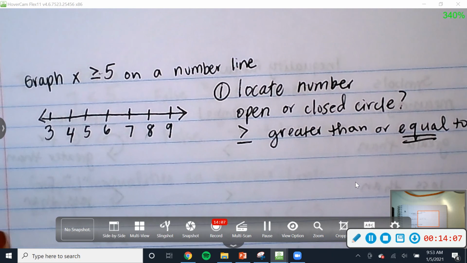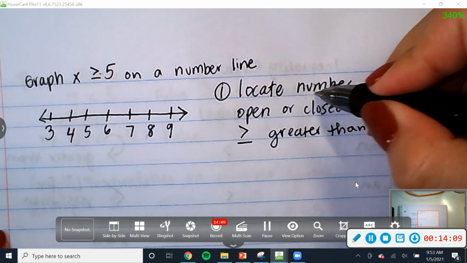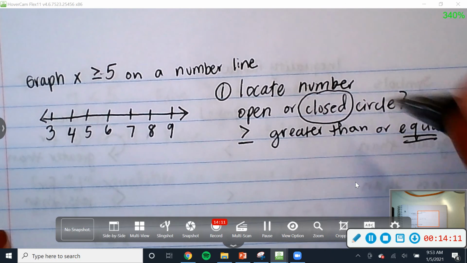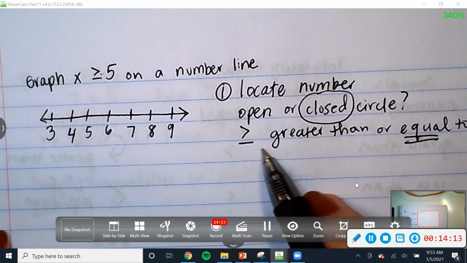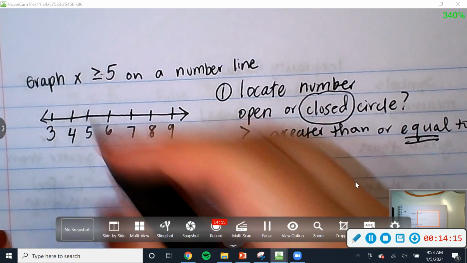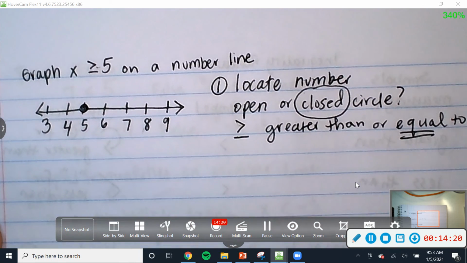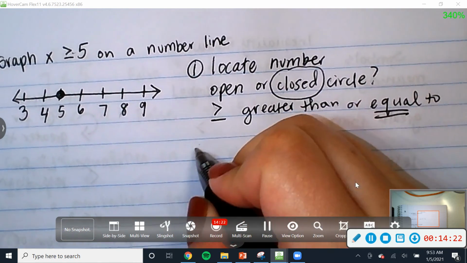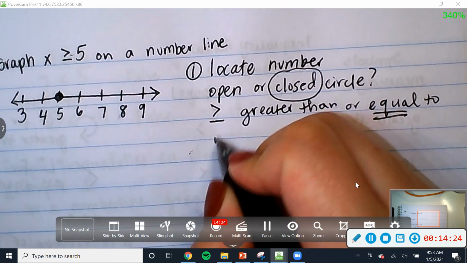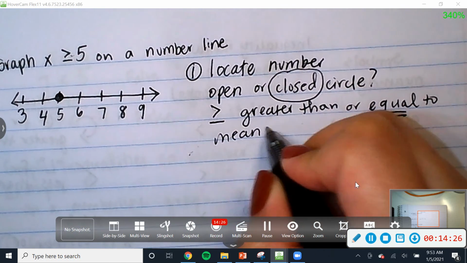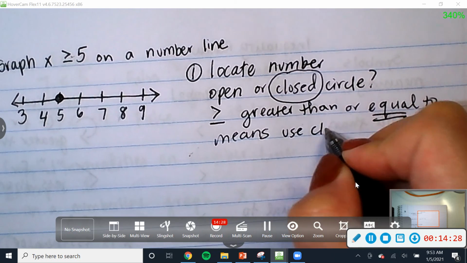This 'or equal to' tells us that we need to use a closed circle. Anytime we have a symbol that has the 'or equal to', in this case, we need to do a closed circle right at positive 5. So greater than or equal to means we use a closed circle.